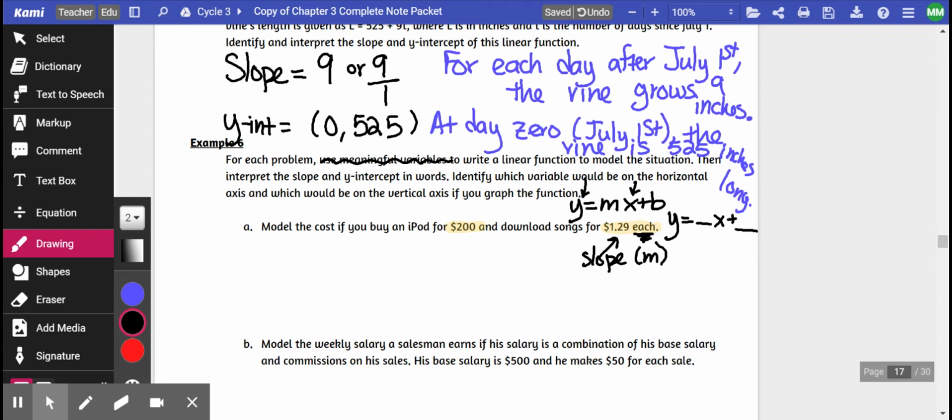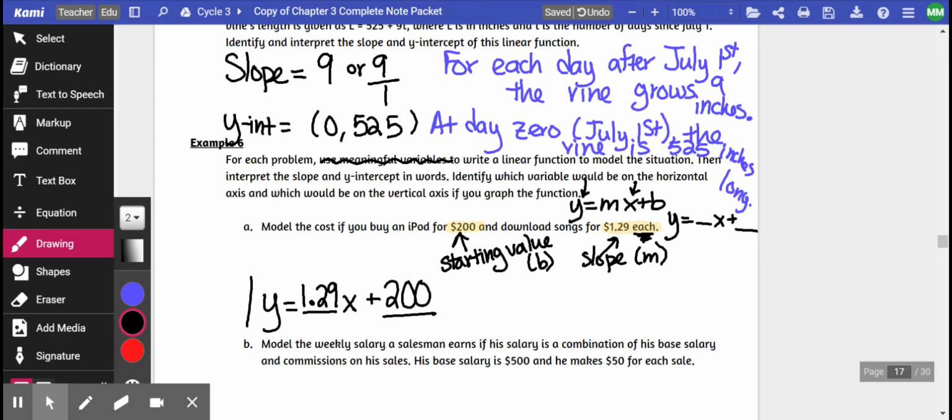And also think of your y-intercept, or your b value, as your starting point. So this makes sense that this is our starting value, or b. All right, so I'm going to write my equation. I'm going to have a blank in front of x, and then I'm going to add something else. So we have our slope, which will go in for m as $1.29. And we have our value of 200 as our b value or our y-intercept. And that's all that we have to do.